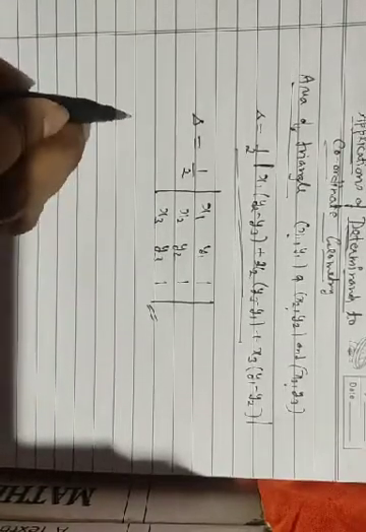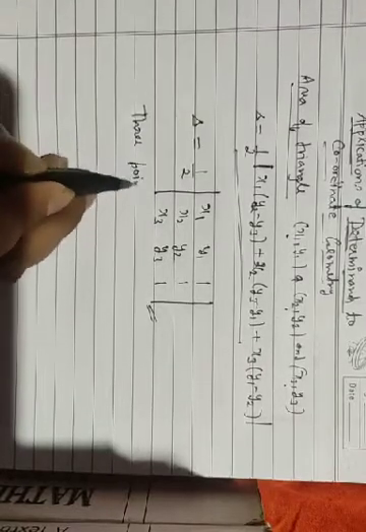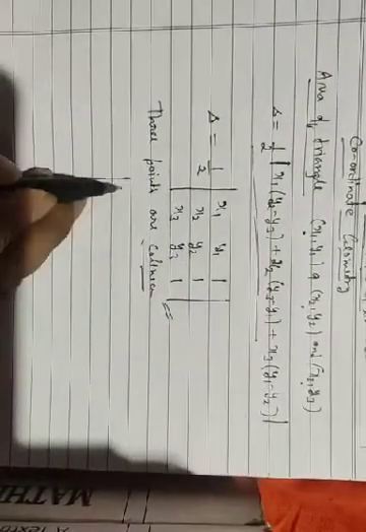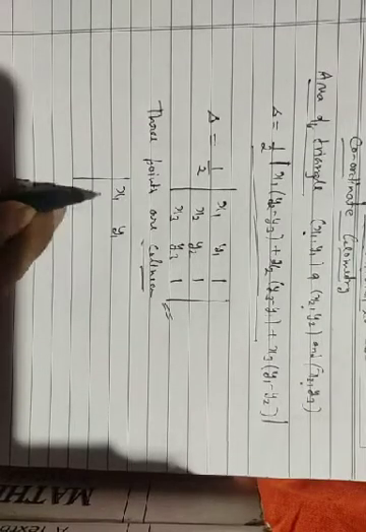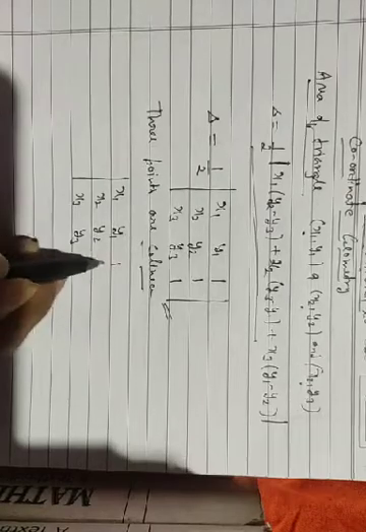When we have to show that 3 points are collinear, we use the determinant of x1 y1 1, x2 y2 1, x3 y3 1, and this value is equal to 0.